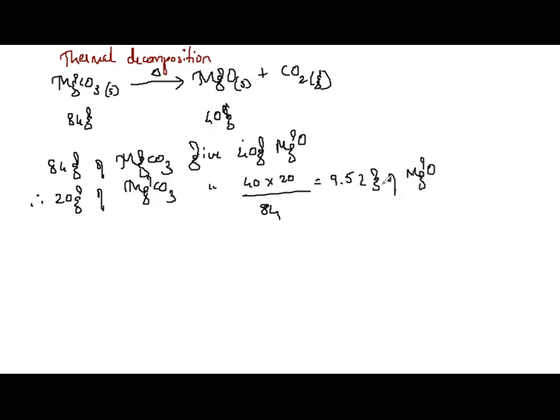Here the question doesn't stop. What they have said is 8 grams of magnesium oxide. Actual yield is 8 grams of magnesium oxide. So how do you calculate percentage of purity?